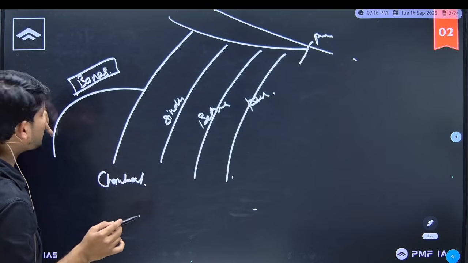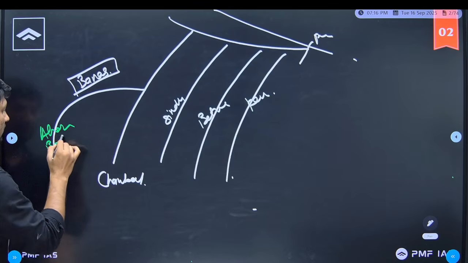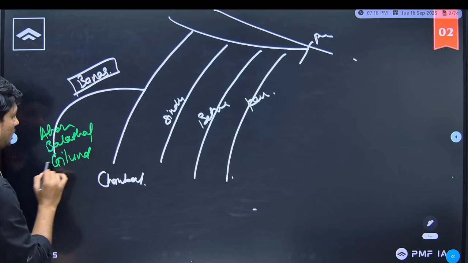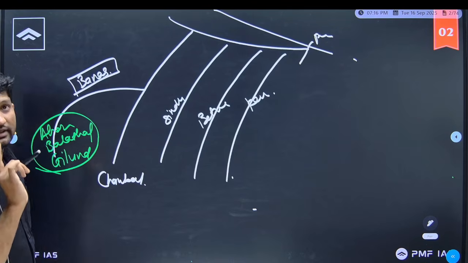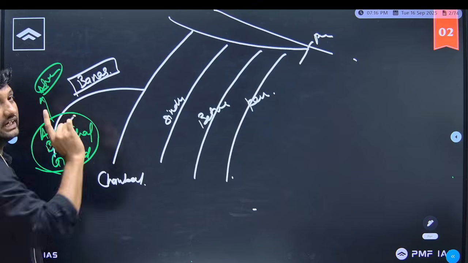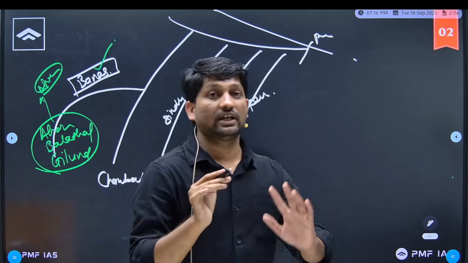In this Banas river valley, we have three important sites: Ahar, Balathal and Gilund. All these three sites are part of this Ahar culture, because the first discovered site was Ahar, or it is also called Banas culture because of this region.